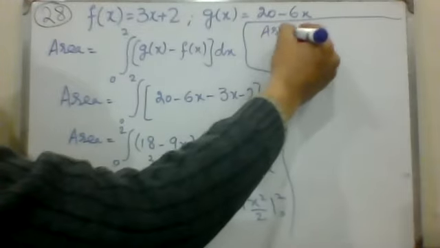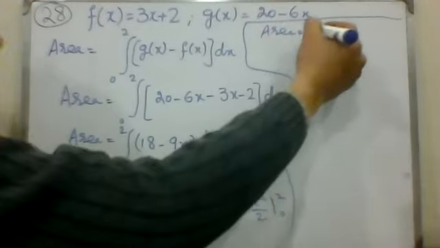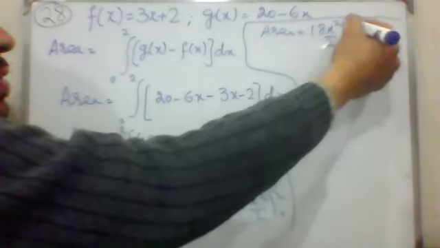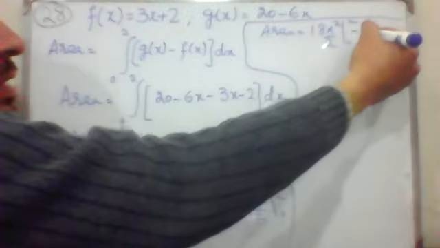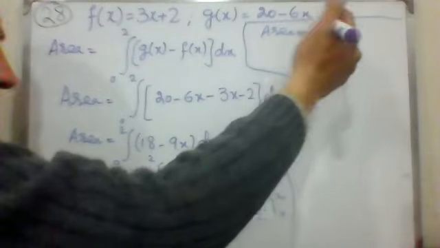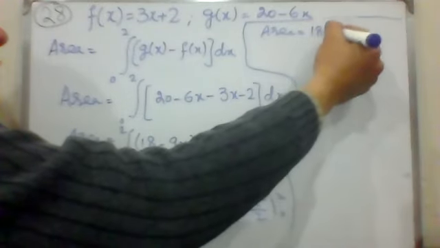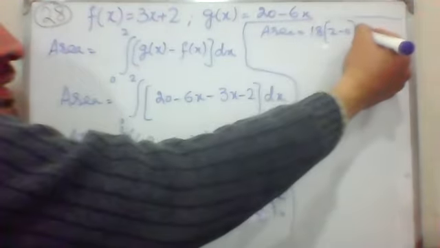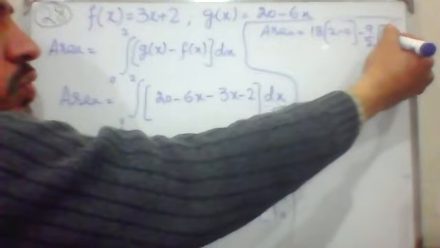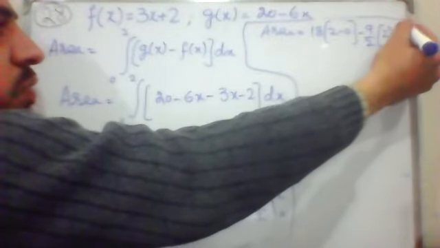Putting the limits, 18 times 2 minus 0, minus 9 by 2 times 2 square minus 0 square.